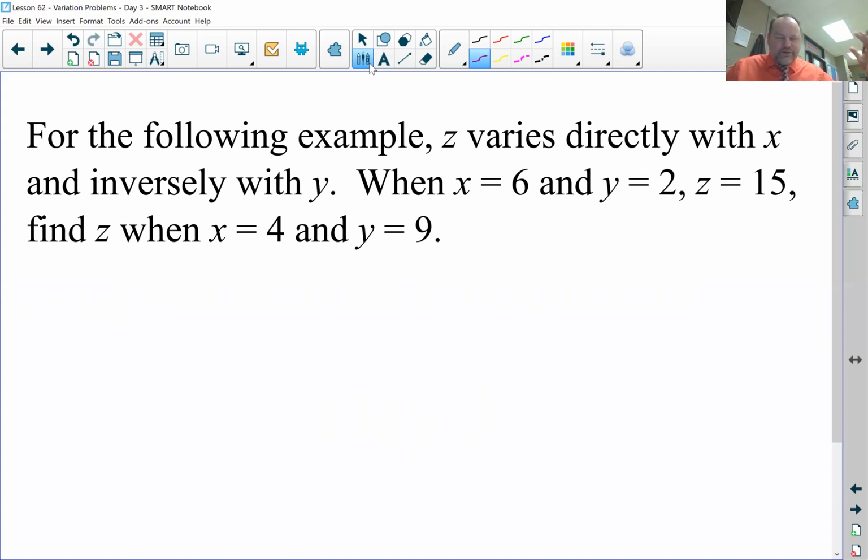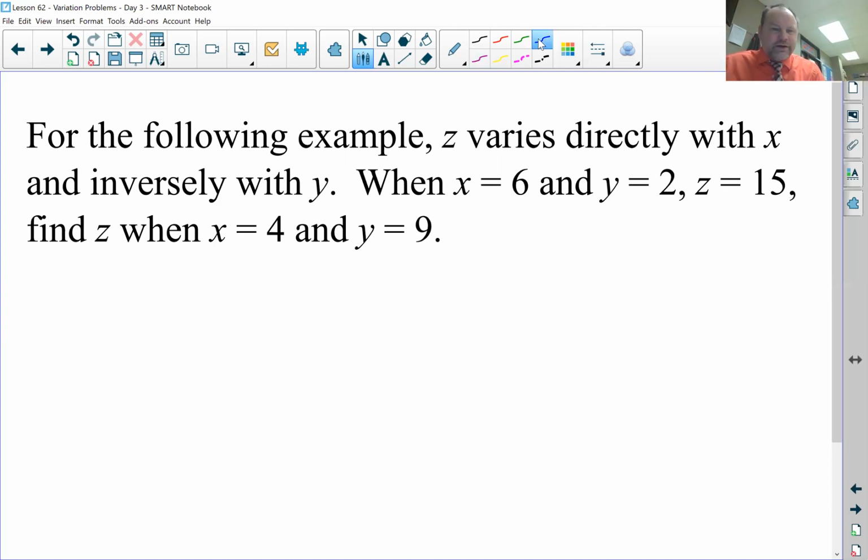When we had direct variation or inverse variation separately, we could find those pretty straightforward. If it was direct variation, we could use proportions. And if it was inverse variation, we could multiply. Now that we have combined variations, it's going to be a little bit different.